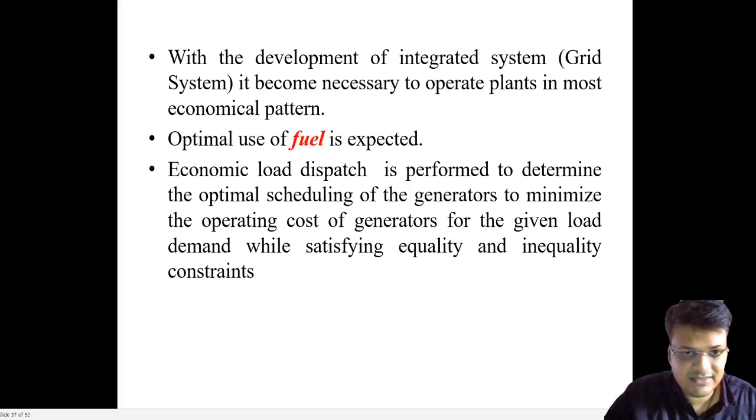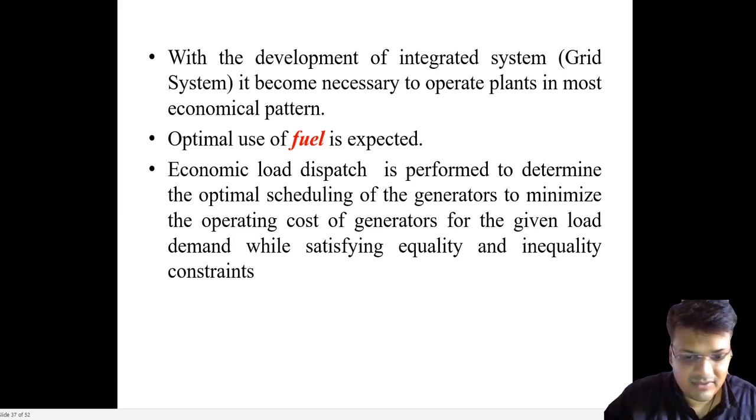The generation plant would generate the electricity, transmit it, and whatever electricity price they decided would be paid by the consumer. After that, the restructuring process came, deregulation occurred, and now competition occurs in the market.